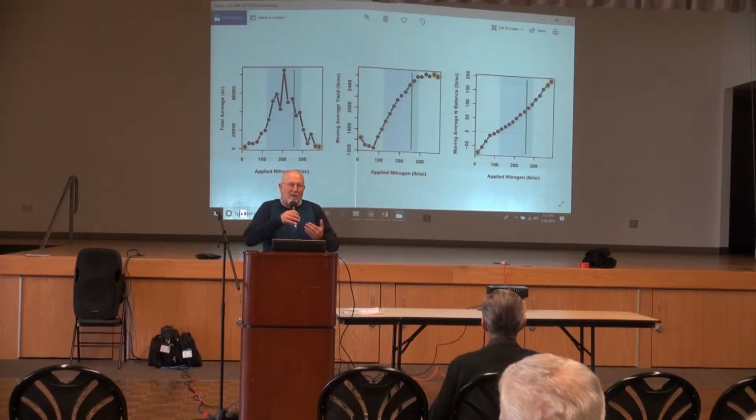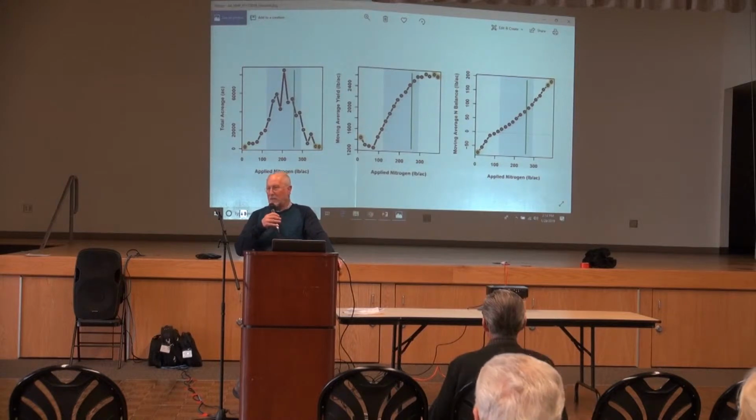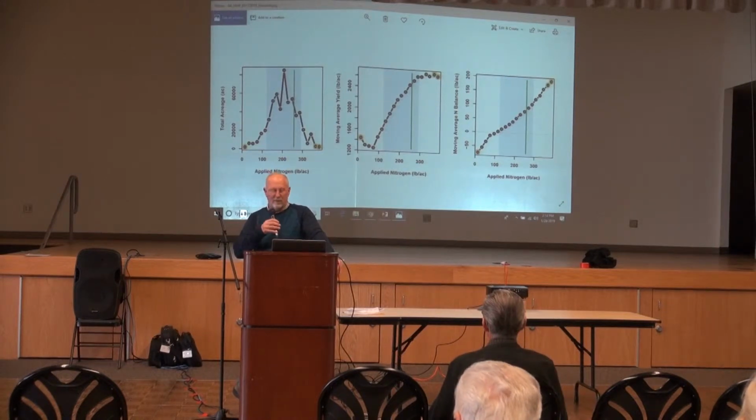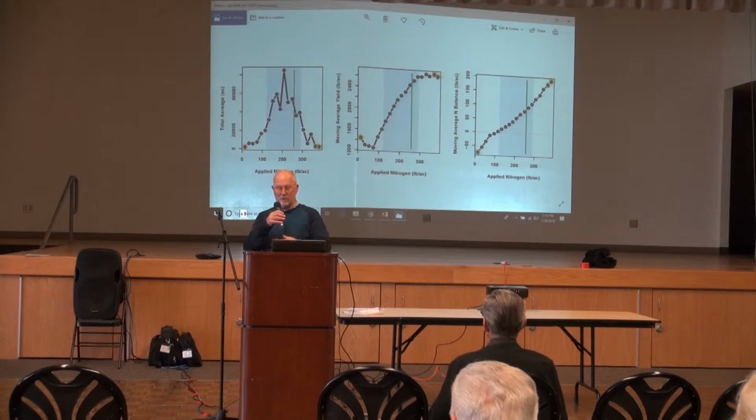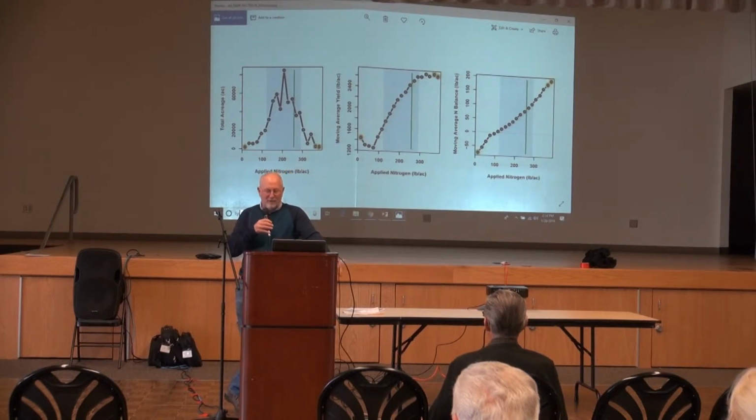There are other things that limit the amount of tonnage you can get. That's why we have a finite yield potential, right? Other nutrients, diseases, weeds, just the physiological ability of that canopy to make almonds. So you're always going to see that if you go high enough with your nitrogen rates. So there's kind of the prettiest version of what we get out of these NMP data right there. And I have no idea why that's true of almonds.